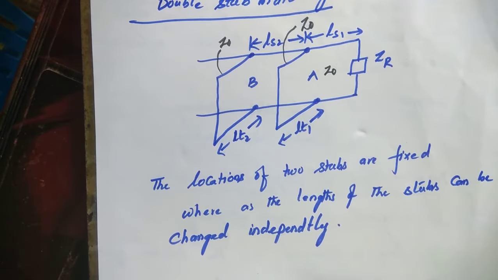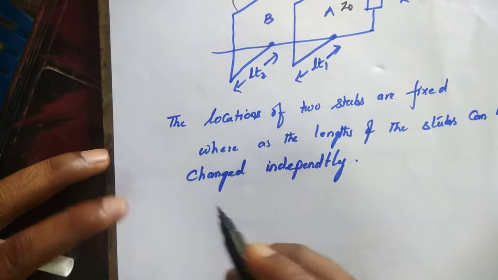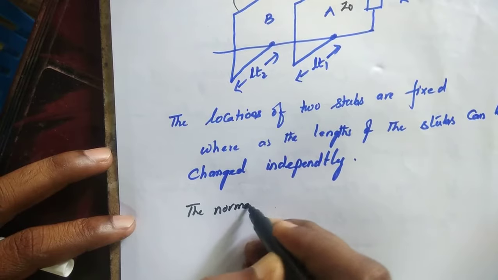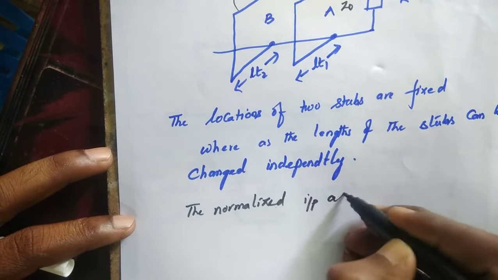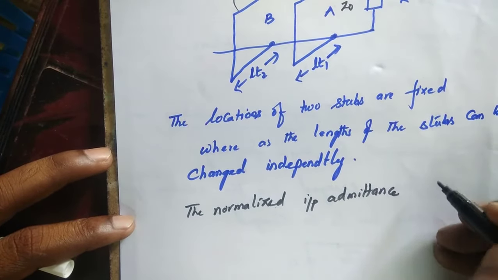So now we consider the normalized input admittance at that point, for the first stub.